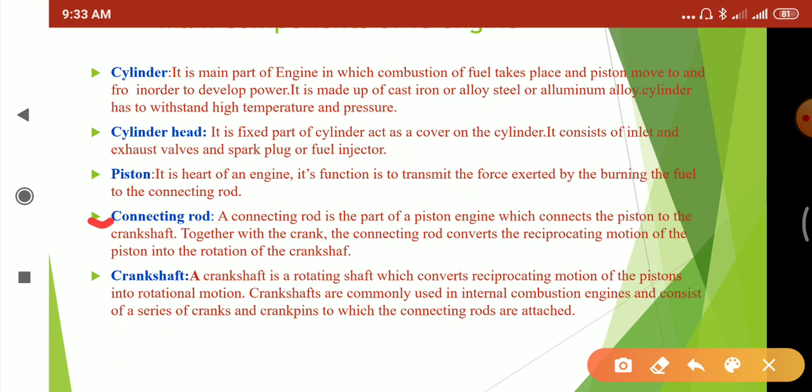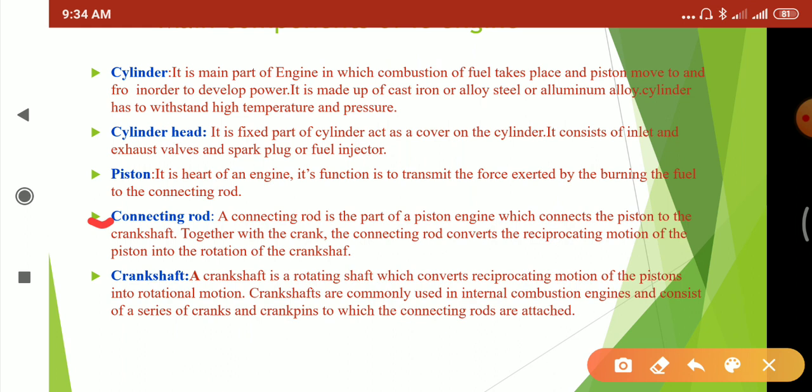A connecting rod is the part of a piston engine which connects the piston to the crankshaft. Together with the crank, the connecting rod converts reciprocating motion of the piston into rotary motion of the crankshaft.